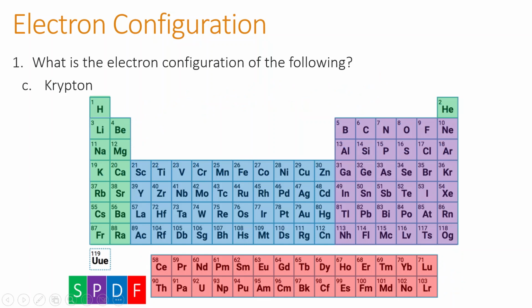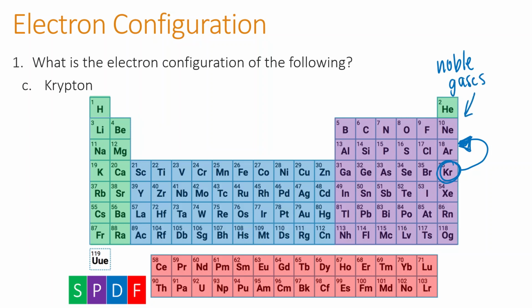Next, we want to do krypton. So that's 36 electrons. So when you're dealing with elements that have a lot of electrons, there is a shortcut that we can use instead of writing out the complete configuration. So to use the shortcut, we're going to look at the last noble gas before krypton. Remember that noble gases are going to be in column 18 of the periodic table.